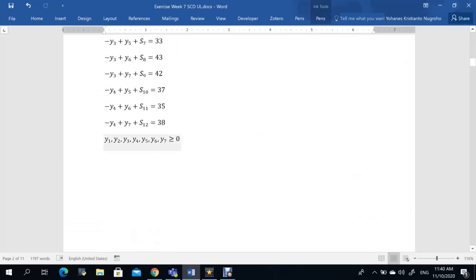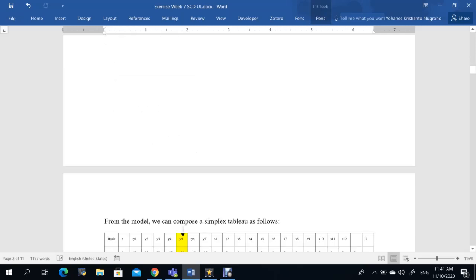And finally we have the non-negativity constraint here. All dual variables from y1 to y7 should be higher or equal to 0. And then we can do iteration by using the simplex method to find the optimal solution for the dual variables, right?